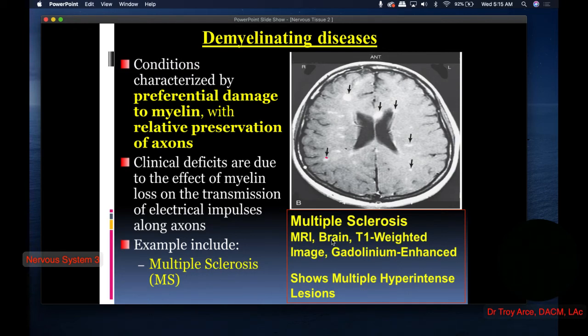So we discussed before that myelin, in addition to their covering, also promotes that transmission of electrical impulses. And this is where we have our multiple sclerosis, which is an example. Understand that multiple sclerosis is a demyelinating disease.